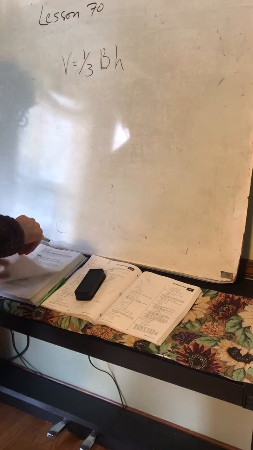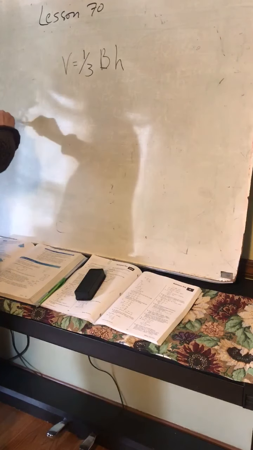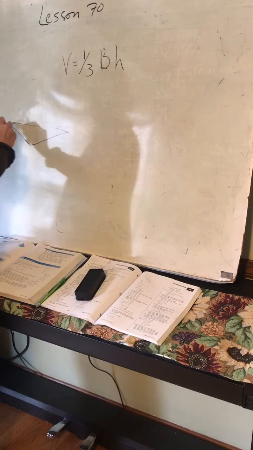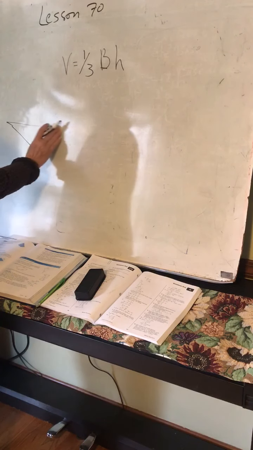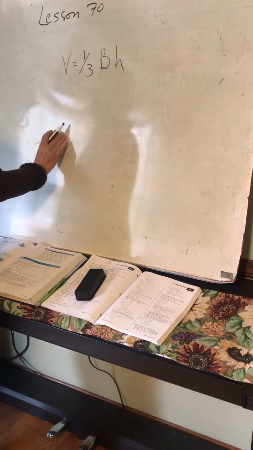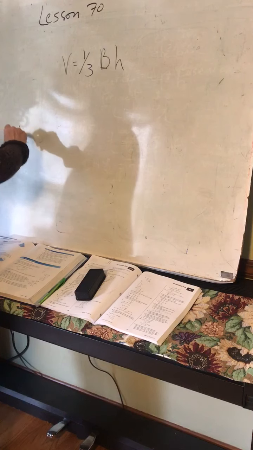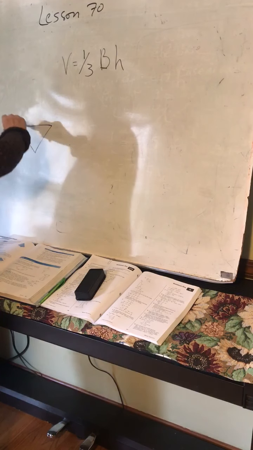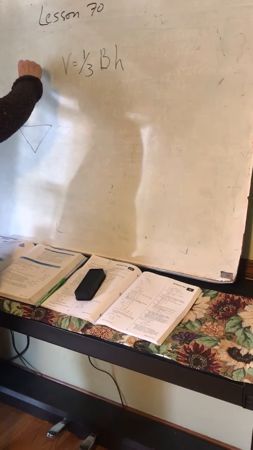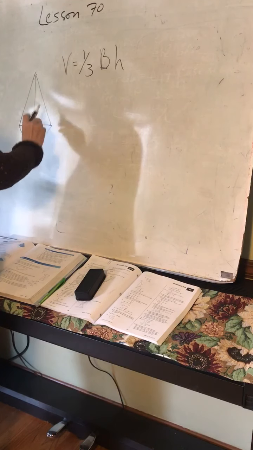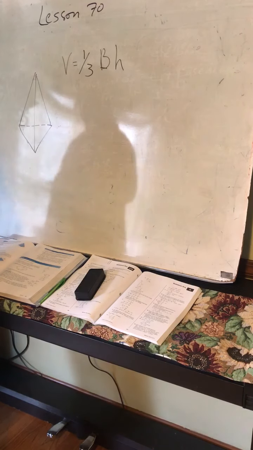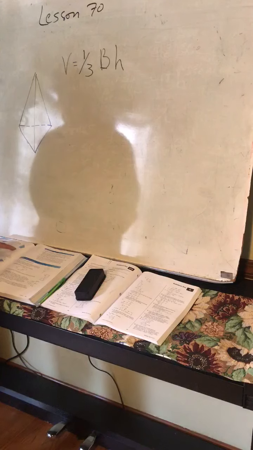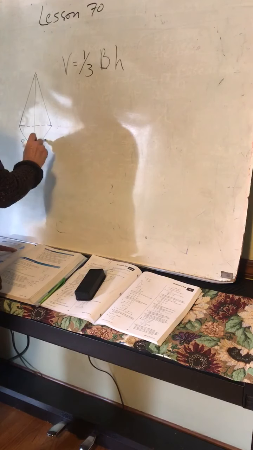So if I have a pyramid that looks, let's say the pyramid looks like this. And you're going to go here, here, here. And you've got a pyramid as such, and this is 8, and this is 5.